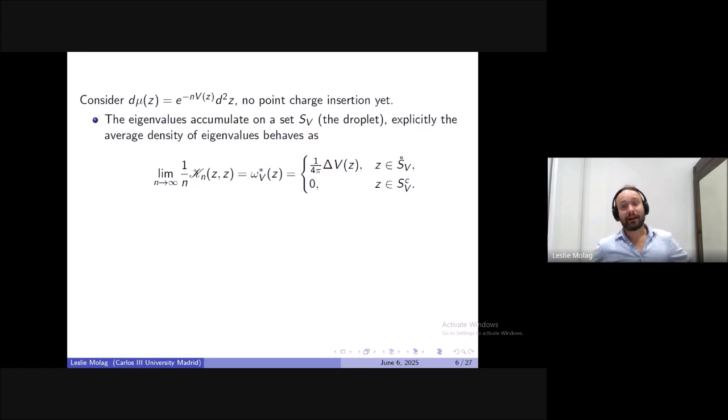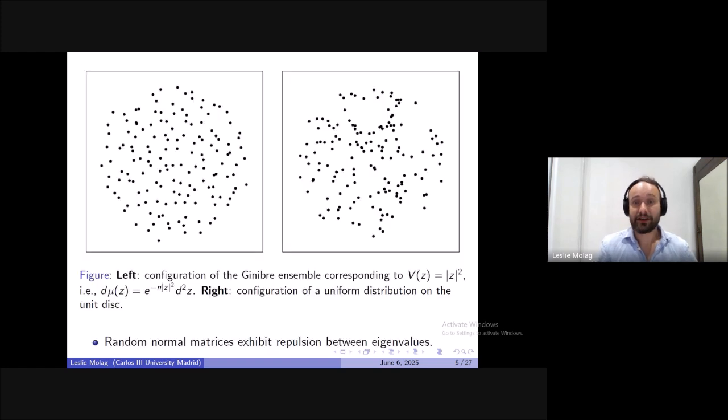Before we talk more about this point charge insertion, let me tell you a little bit about what we know about random normal matrices or Coulomb gases. Under fairly general conditions, we know that the eigenvalues accumulate on some set, which I denote by S_V. Usually we call it the droplet. We can see this already a little bit in this picture.